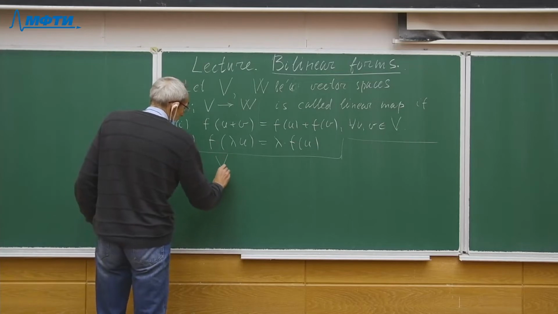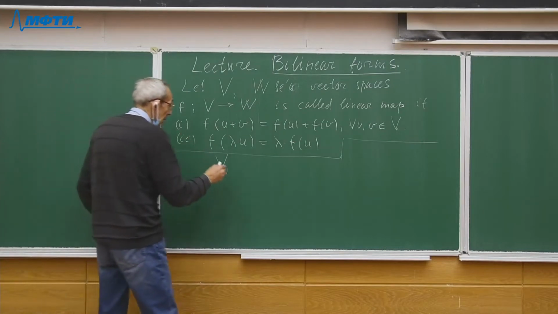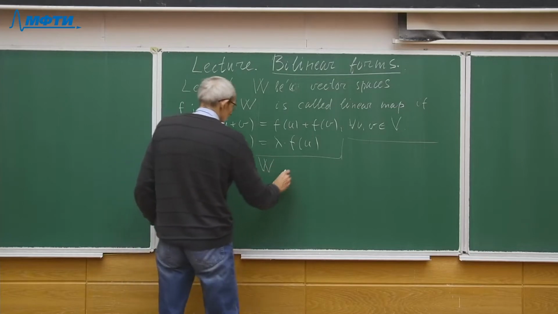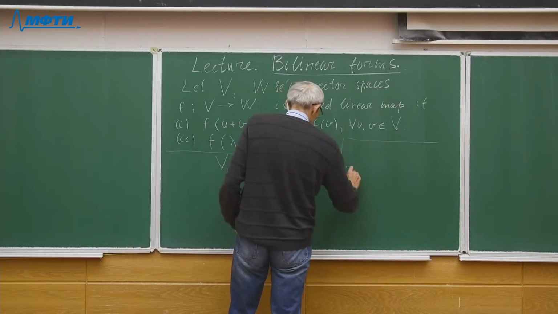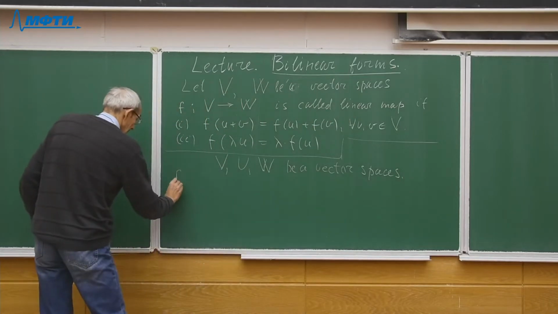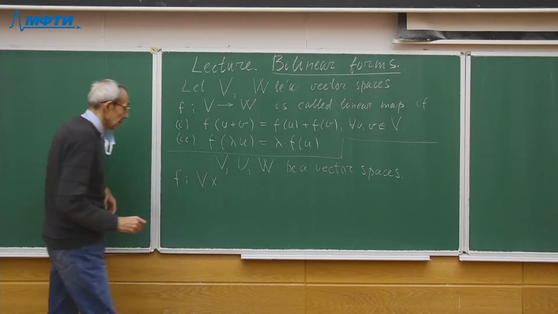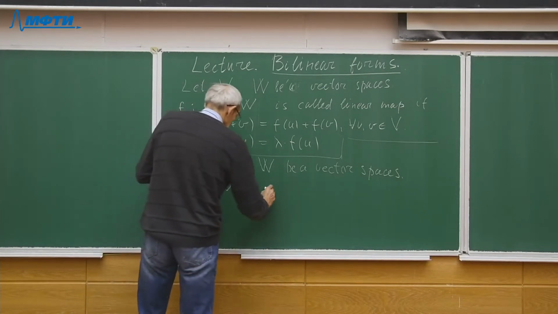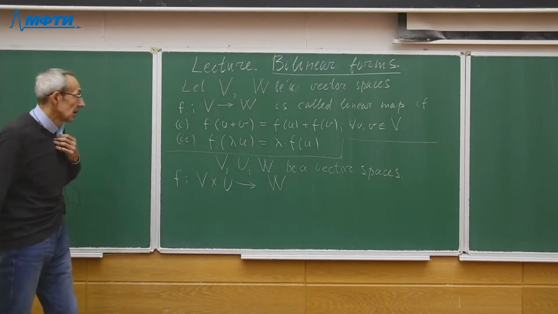Let, as before, we have three vector spaces V, U, and W. A map from the Cartesian product of vector spaces V and U to the vector space W is called bilinear.